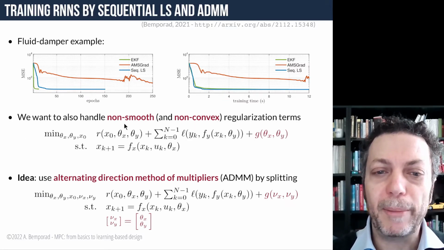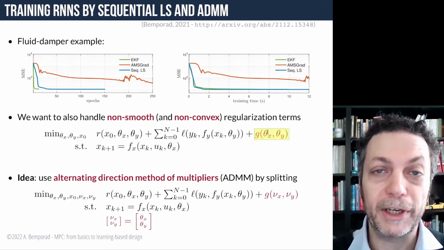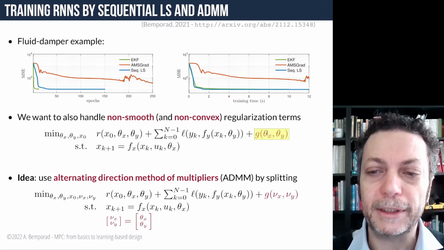You can also extend the method to handle even non-smooth and non-convex regularization terms. So let's consider now an additional loss on the vector of parameters theta x, theta y in the problem.